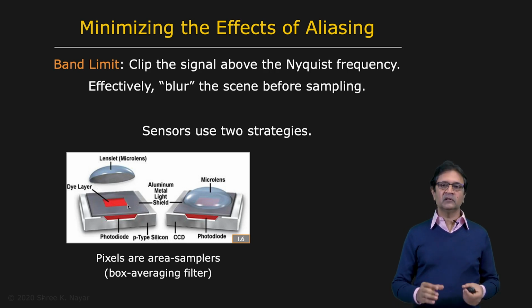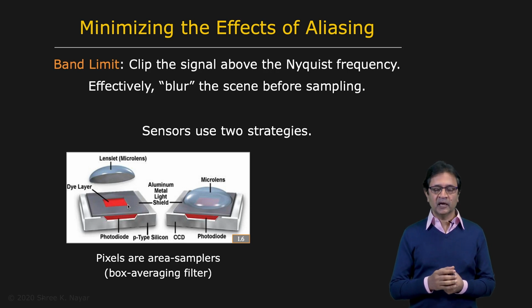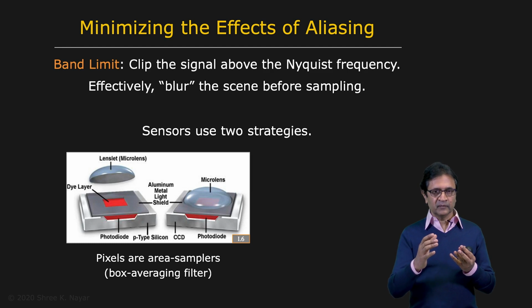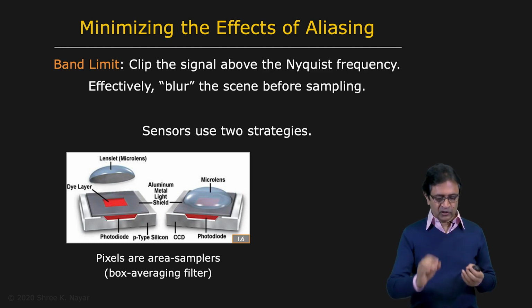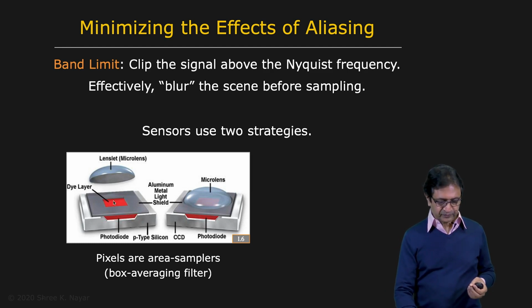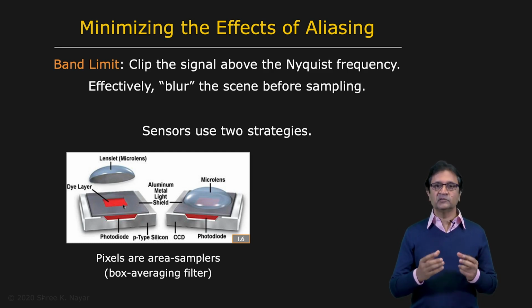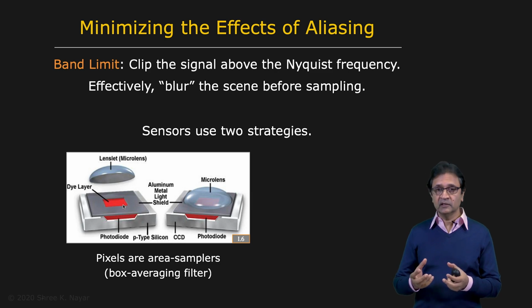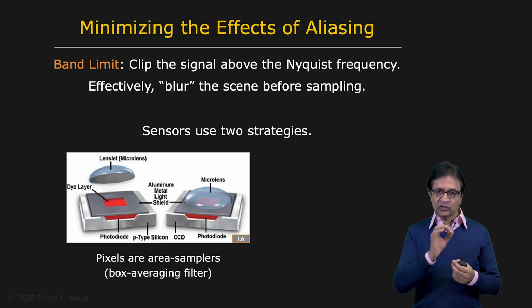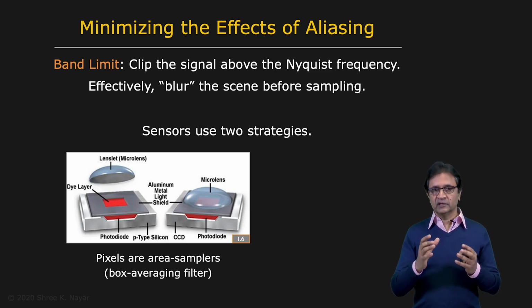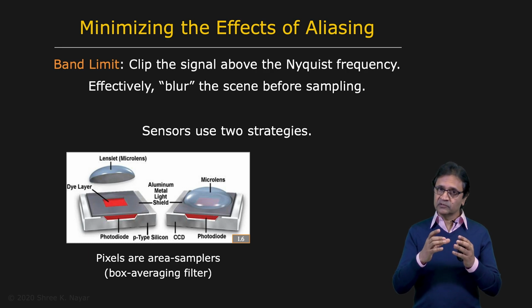So if you think about the discrete image that's being captured, one way to model it is you have a continuous image, which is first convolved with a box filter of this type in the continuous domain, and then that image is sampled to produce the final digital image. So this convolution with the box filter serves to low-pass filter the image. It cuts out the high frequencies because convolution with the box filter is averaging or smoothing.